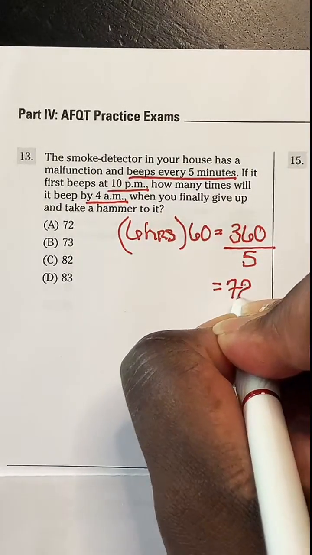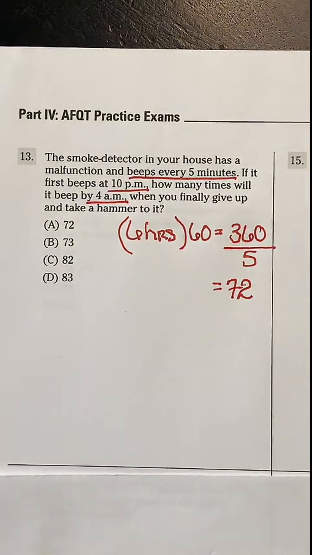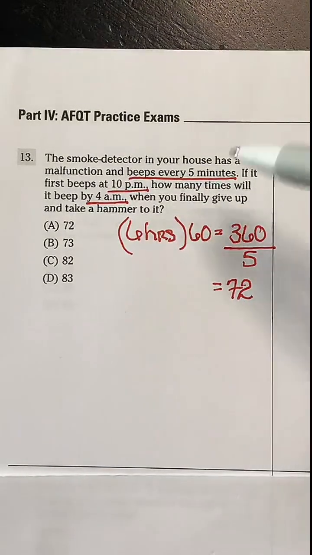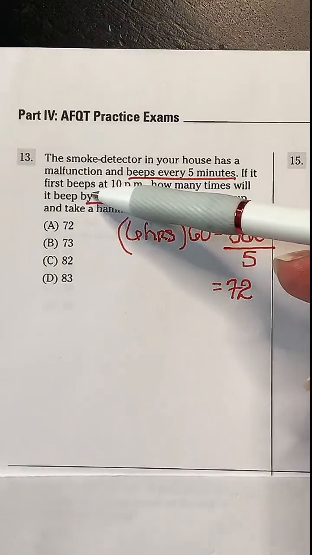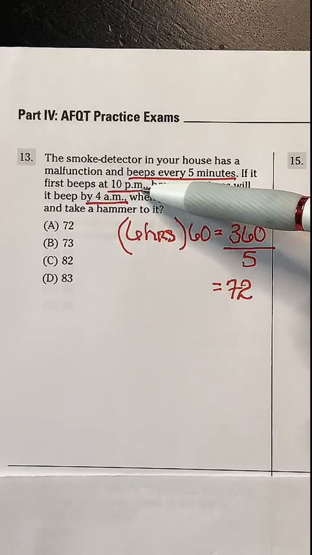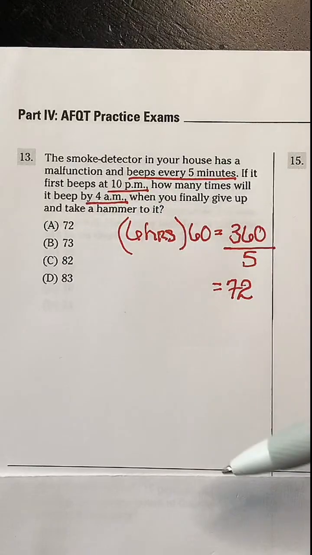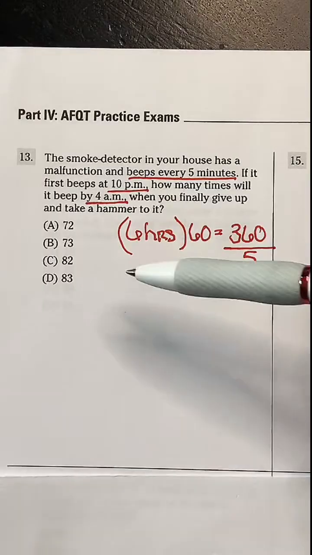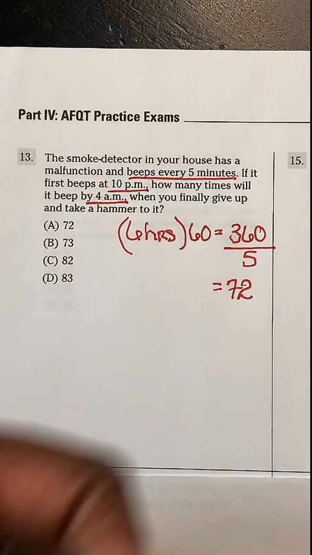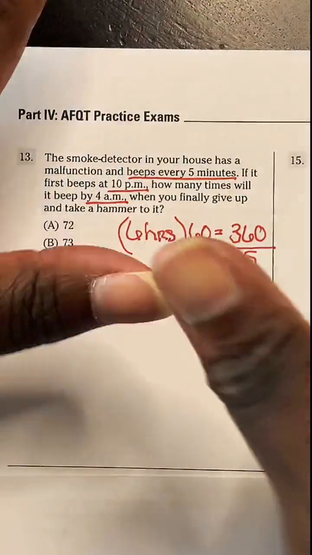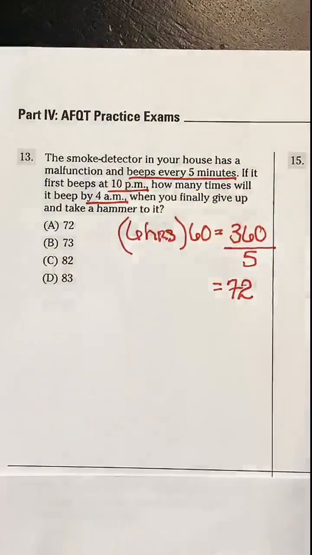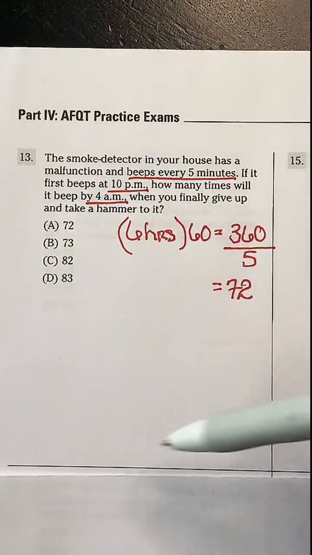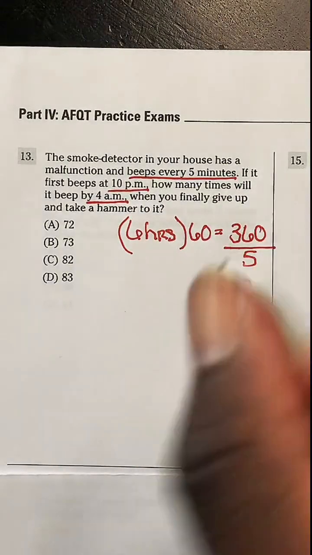But wait, there's more. We have to say the first beep is at 10 p.m. Most of the time when we do our counting, we skip all of 10 and we go straight to 11, 12, 1, 2, 3, 4, and we got 6 hours. But we have to include from 10 to 11.